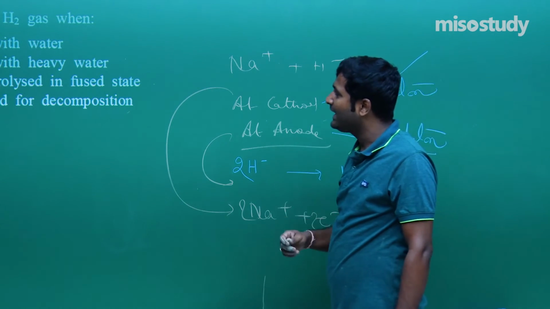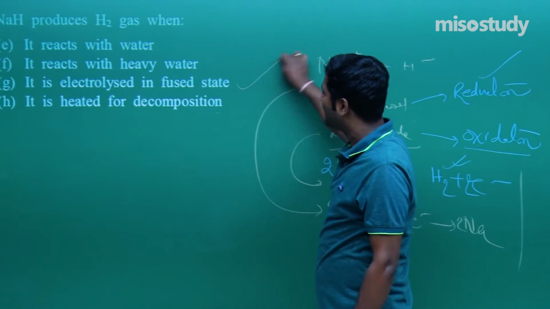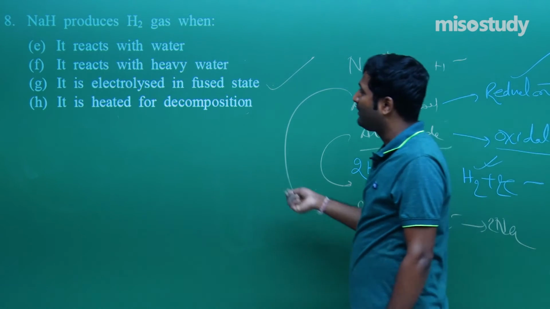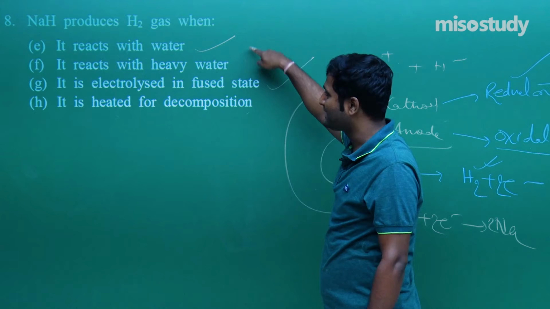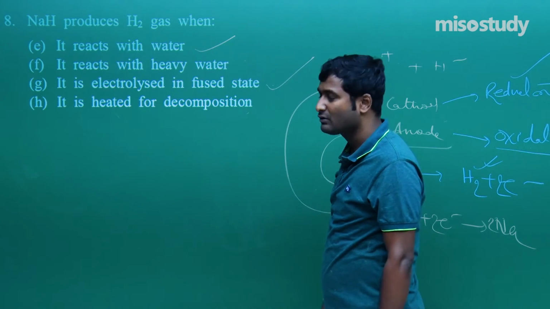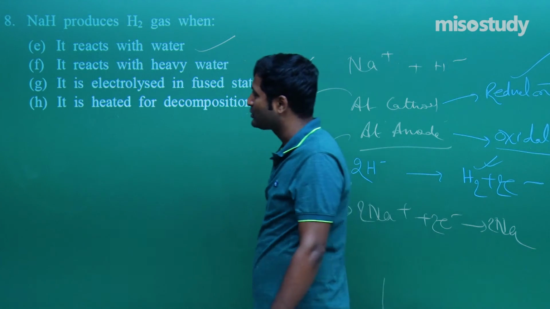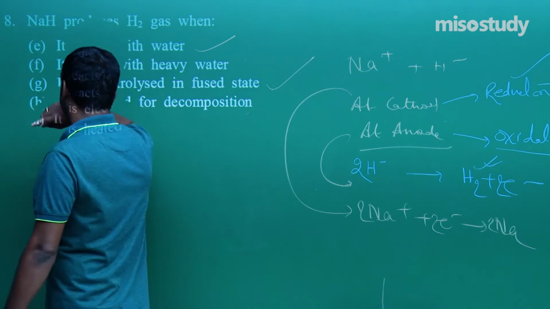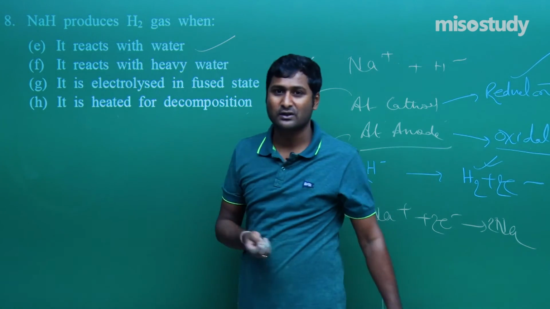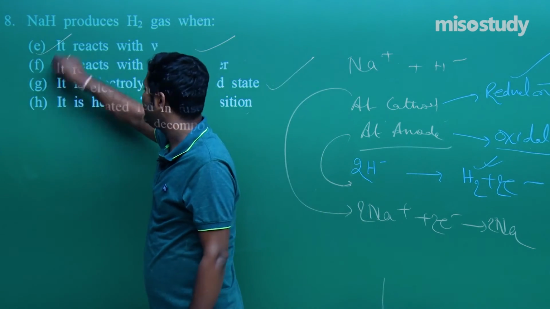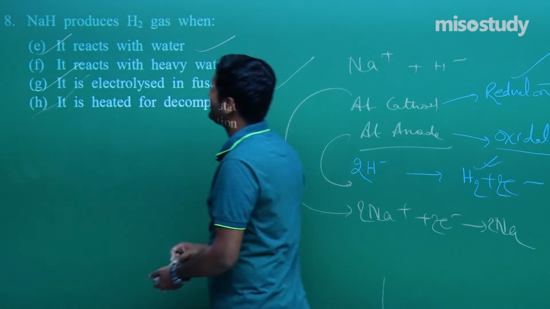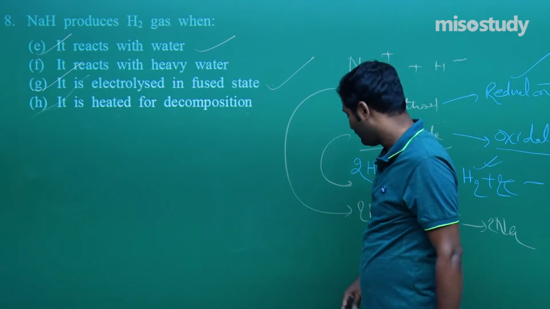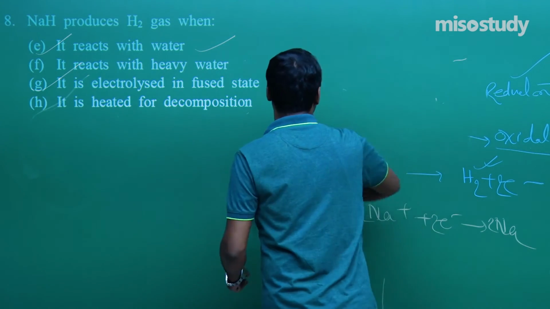So NaH gives H2 by electrolysis in fused state, and when it reacts with water it gives NaOH plus H2. Two possibilities are there. This is also a multiple choice question, and the options are E, F, G, H. Now which option is correct, friend? E and G options are correct. Clear? Now I'm going to rub this part and we'll discuss.